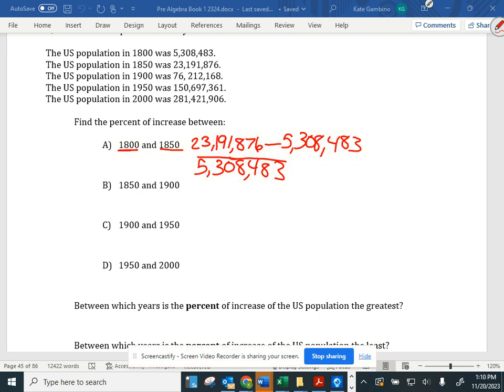What would our percent of increase be between 1800 and 1850? Who has figured it out already? Lucas. We don't joke around. This is math class. Gabe. 4.36. That is not what I got.